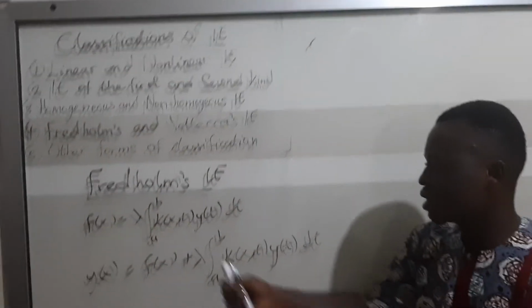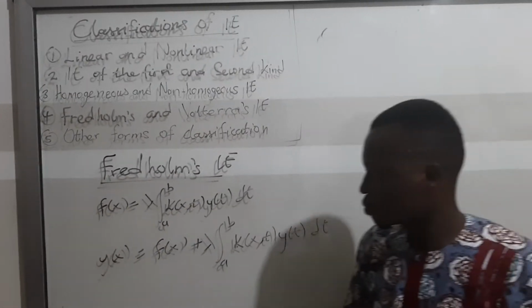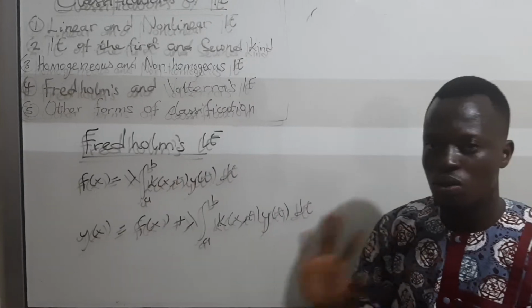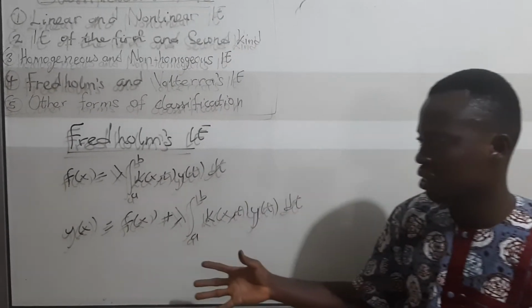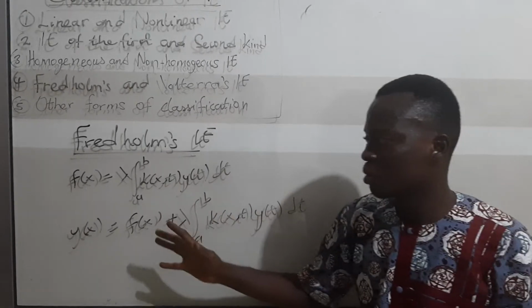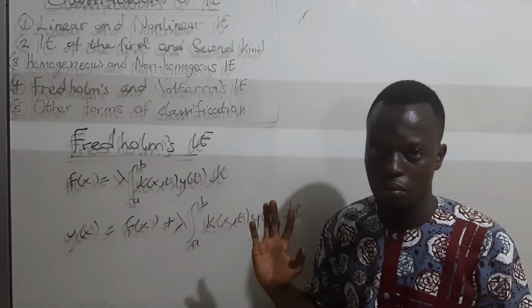In these equations, if a and b are constant, that is, the limits of integration are constant, therefore the equation becomes a Fredholm's integral equation.